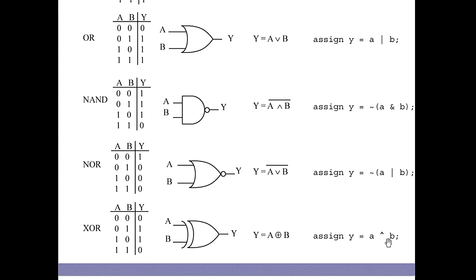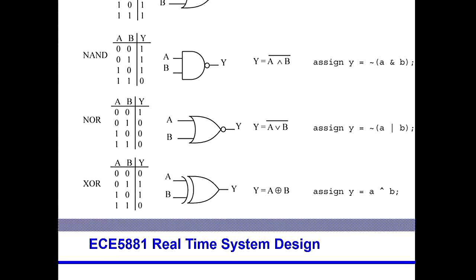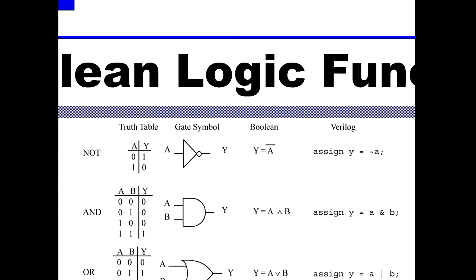And finally, we have the exclusive OR function, which is a 1 when the inputs are different. So that's the same as the C syntax. And you'll notice this similarity with C programming syntax, but remember the structure is completely different with a hardware description language. We're representing hardware, not algorithms in Verilog.